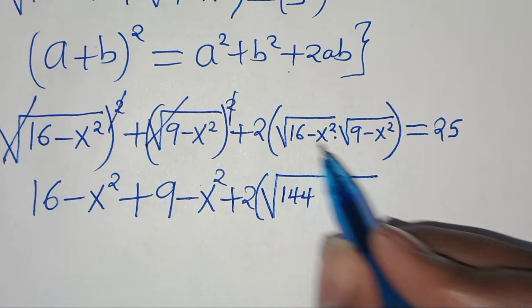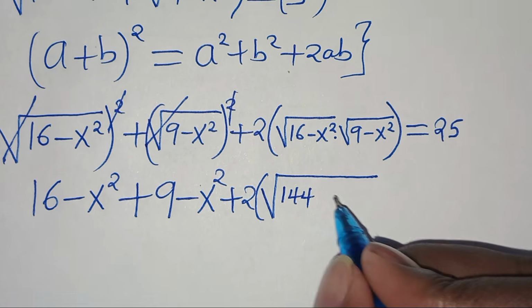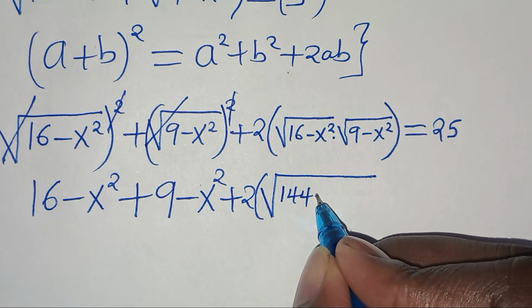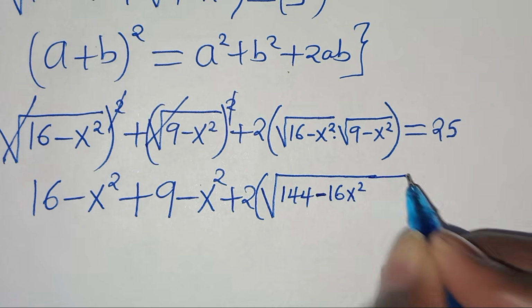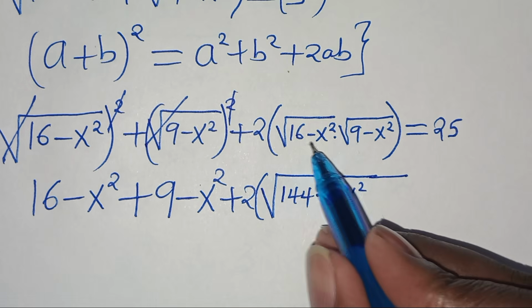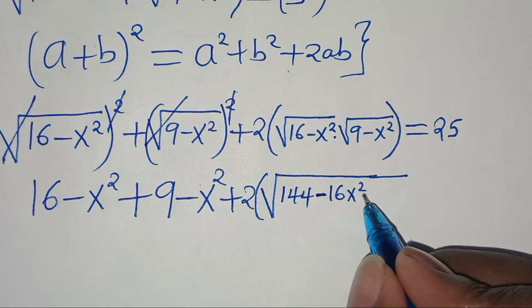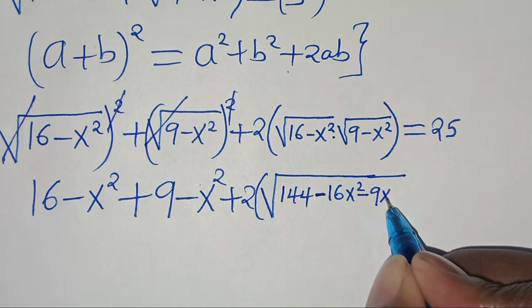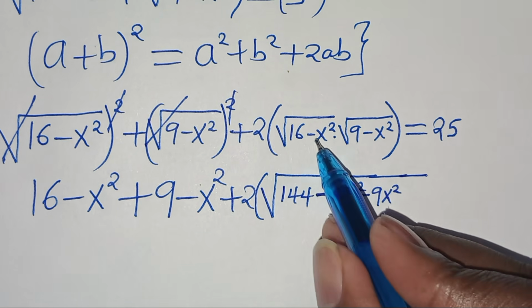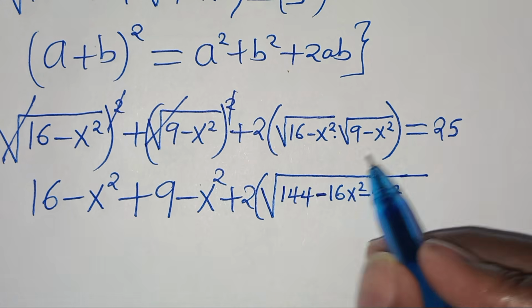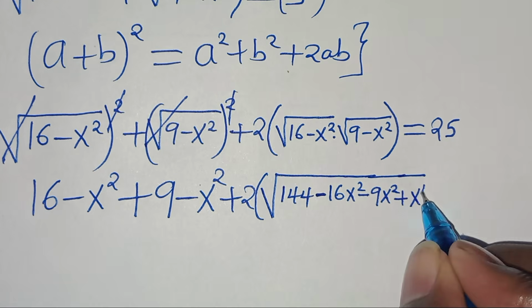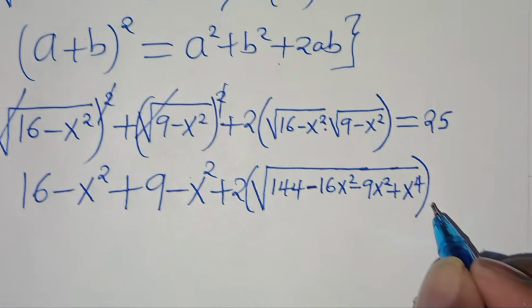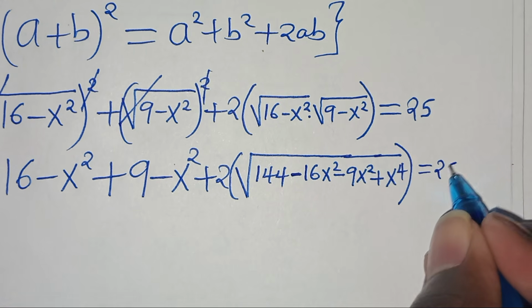Then we have 16 times minus x squared. This is minus 16 x to the power of 2. Then we have minus x squared times 9. This is minus 9 x to the power of 2. Then we have minus x squared times minus x squared. This is plus x to the power of 4. Close the parentheses. This is equal to 25.